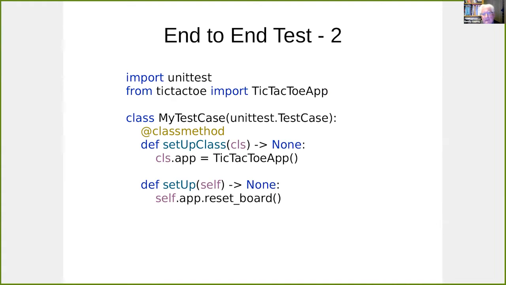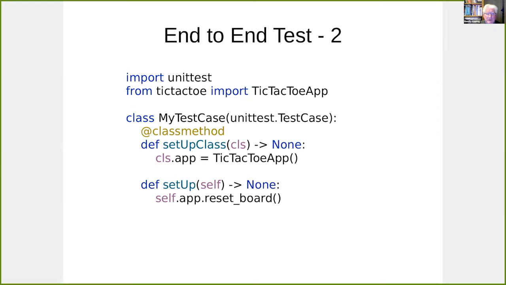And then the next thing is a pretty standard unit test. Python's got a unit testing framework built in, which works around things called test cases. I've created my own test case, and this bit of code tells you two things to do. The first, class method setUpClass, will only get run once for the entire suite of tests, and it will create the tic-tac-toe application and tuck that away in a class variable.